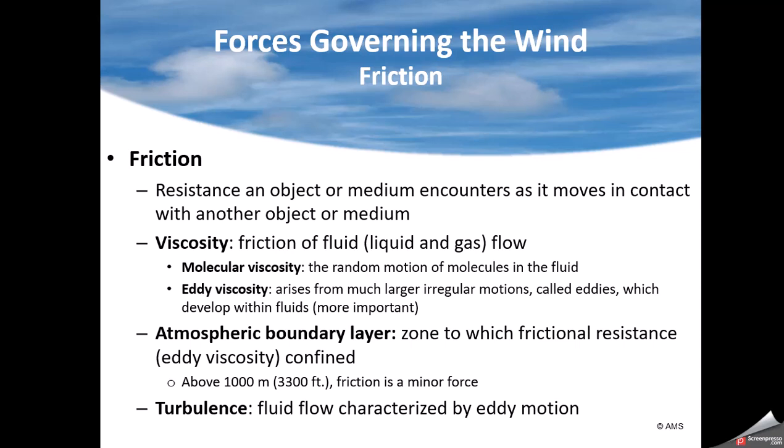Friction is another force. Think about it if you're moving along over a body of water, you can see the wind moving along. That wind hits land. Well, what happened? Well, the body of water was fairly flat. Maybe you had a few waves. But when it hit land, you probably had some hills. You probably had some bushes. That air is going to slow down because of the land friction.